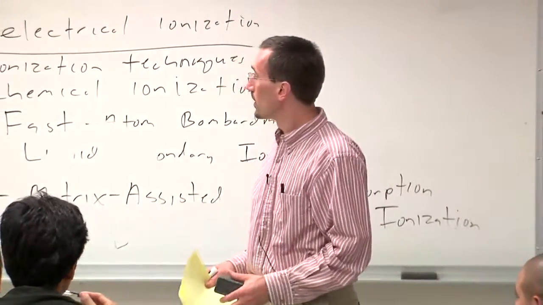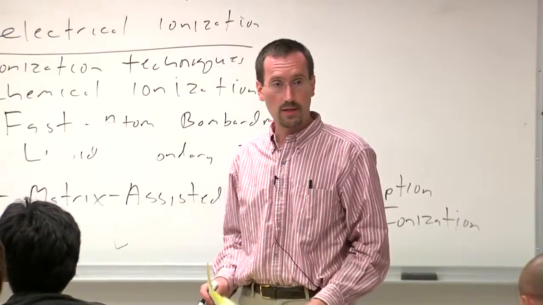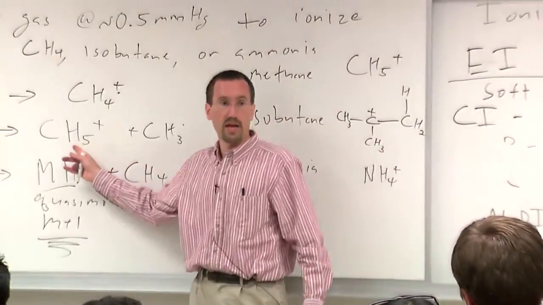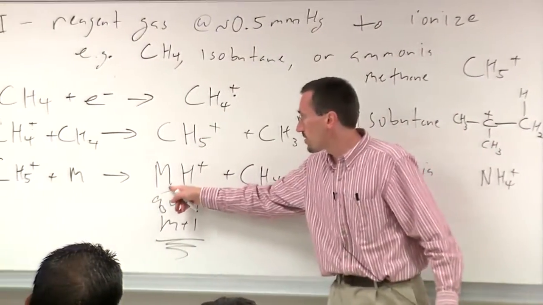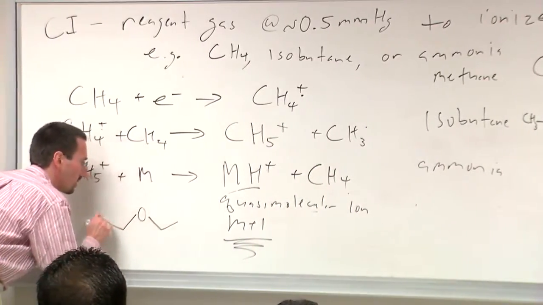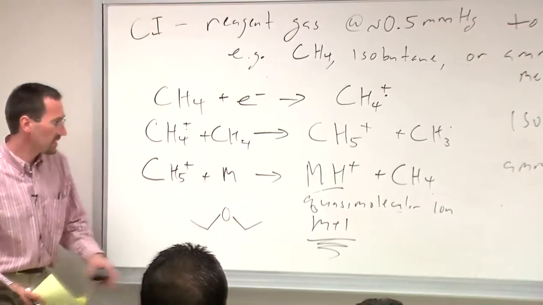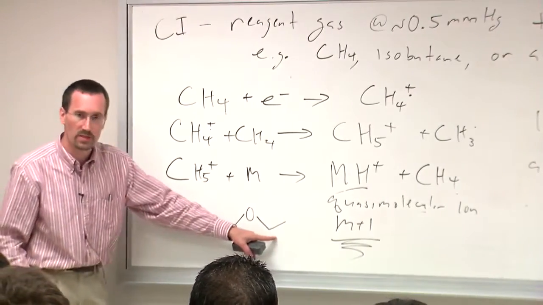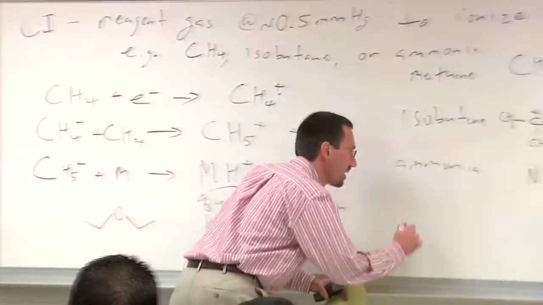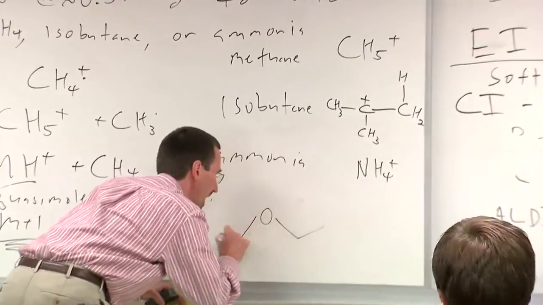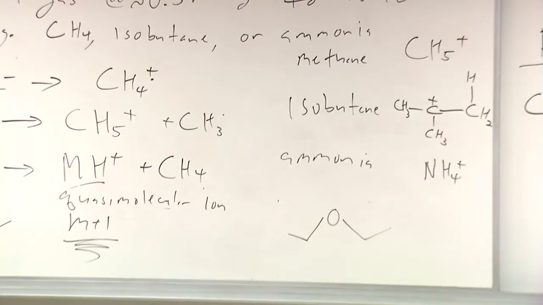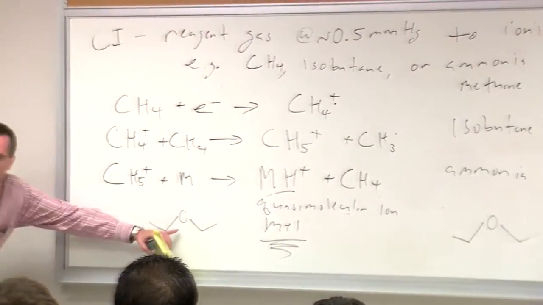So here with methane, for the CH5+, that is the M+1. So you're not going to see the CH5+, but when you get your molecule, so let's say your molecule is diethyl ether. Diethyl ether is 74, which is 29 plus 29 plus 16. What you will see then is not something at 64, if I'm doing the math correctly in my head.